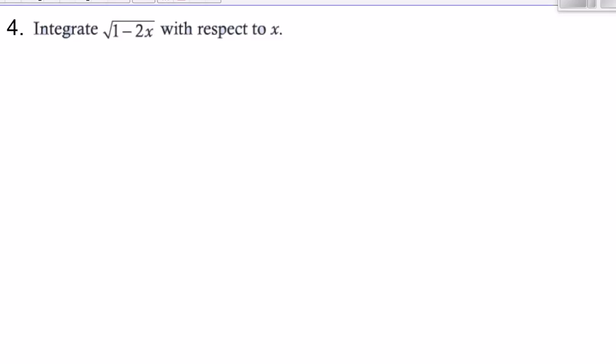Integrate the square root of 1 minus 2x with respect to x. So the first thing is we need to rewrite this using our notation: (1 - 2x) to power a half with respect to x.